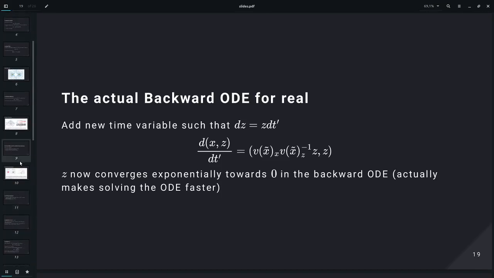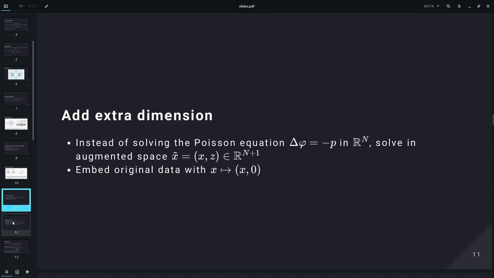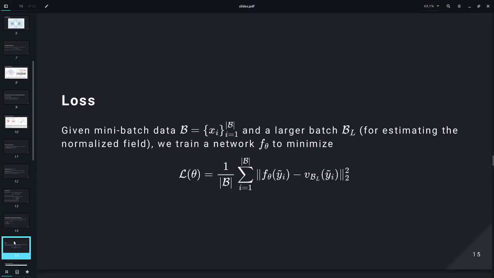So in the loss function, let me go back to it. You have V, so that is your flow. And you're trying to learn the flow because you have F theta, so your model's trying to learn the flow. I don't think it's a fixed flow, is it?